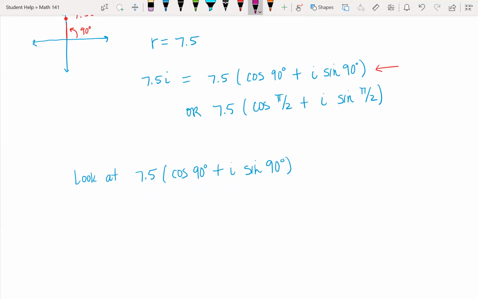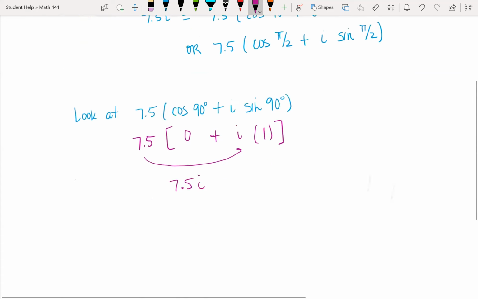The cosine of 90 degrees is 0. The sine of 90 degrees is 1. And then I've got this 7.5 on the outside. So you can see that what's ending up happening is I'm just ending up with 7.5 I, which was what we were given originally. So going the other direction is a little bit easier because you're just going to multiply things out. And that's what we'll do next.